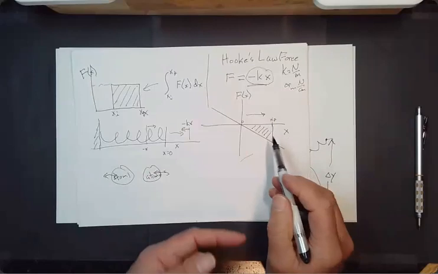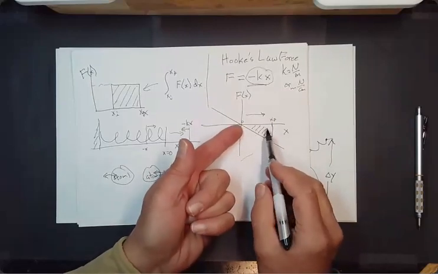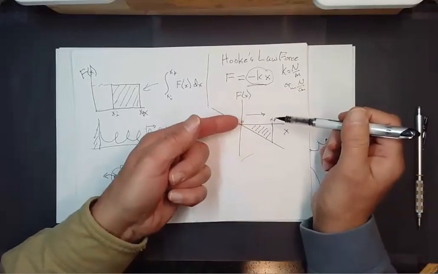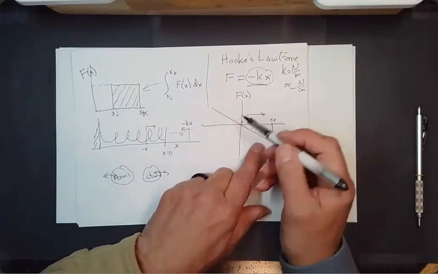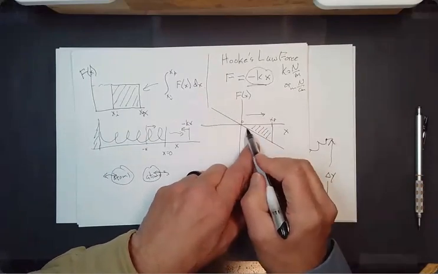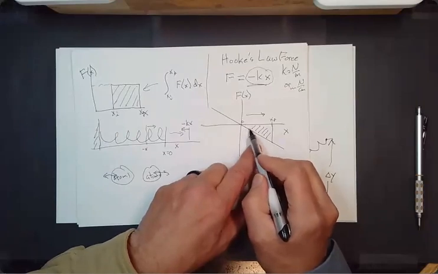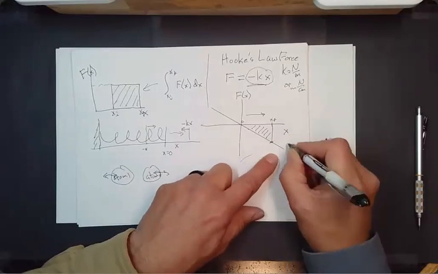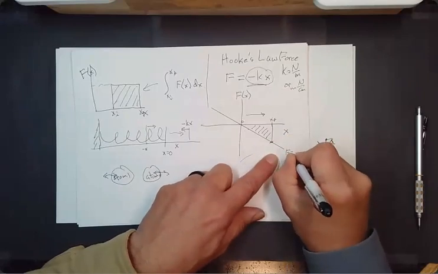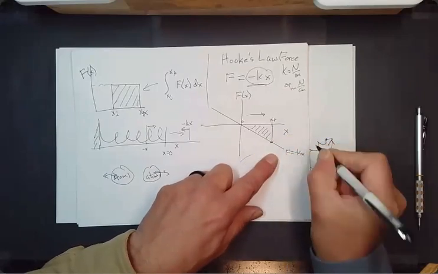In this case, it's going to be negative work because the force is going to be pulling back in this direction as soon as we displace ourselves in a positive direction. And how much is that? Well, the equation of this line is F equals minus kx.